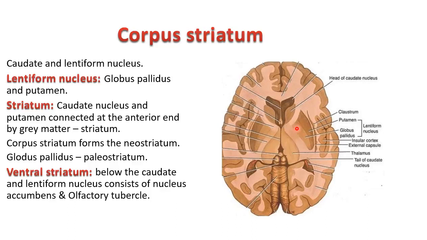I'm not going into much detail about the nucleus accumbens and the olfactory tubercle, because the hippocampus mainly projects to this nucleus accumbens, and also your olfactory and entorhinal areas and your amygdaloid complex.